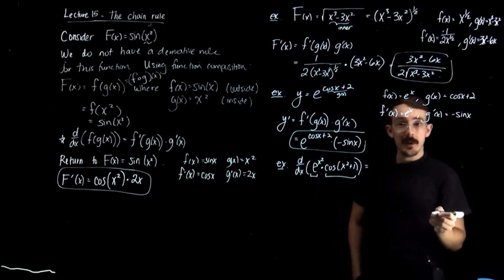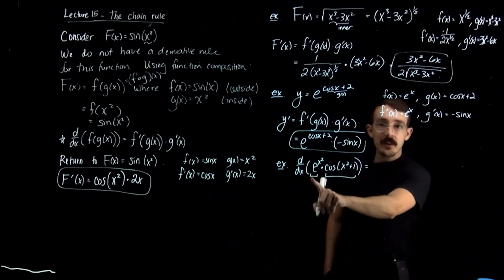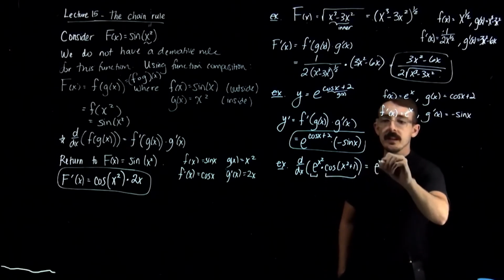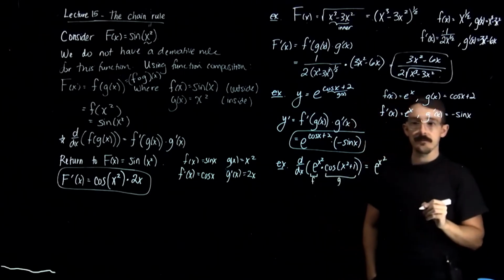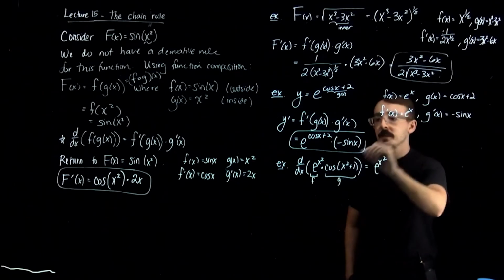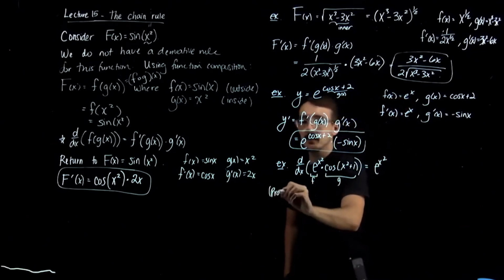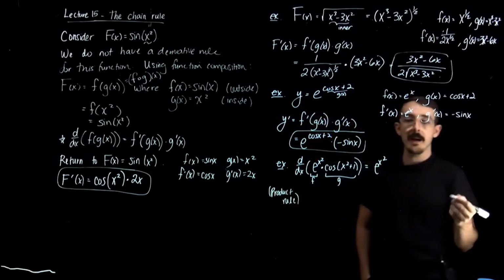So the product rule says what? Well, you leave the first one alone. So I'm going to leave e to the x squared alone, if this is my f and this is my g for the product rule. So I should probably even write that we're doing product rule overall, but you're going to see other rules happening.